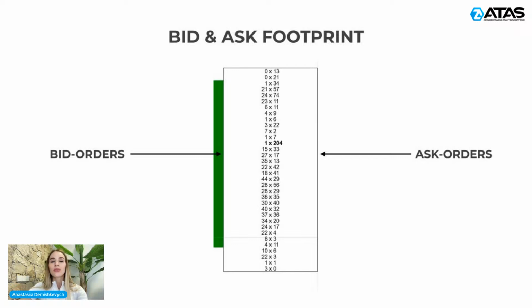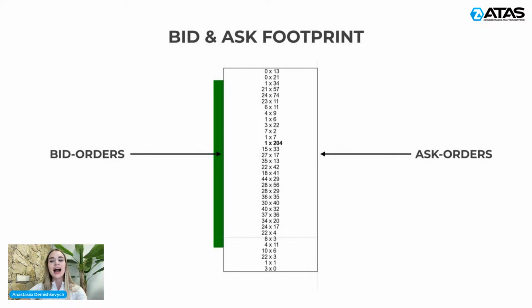So now that we understand what bid and ask orders are and how delta is calculated, let's look at how they're displayed inside every single footprint chart. On the left side, you're going to see bid type orders. These are aggressive sells. On the right side, you are going to see ask type orders.